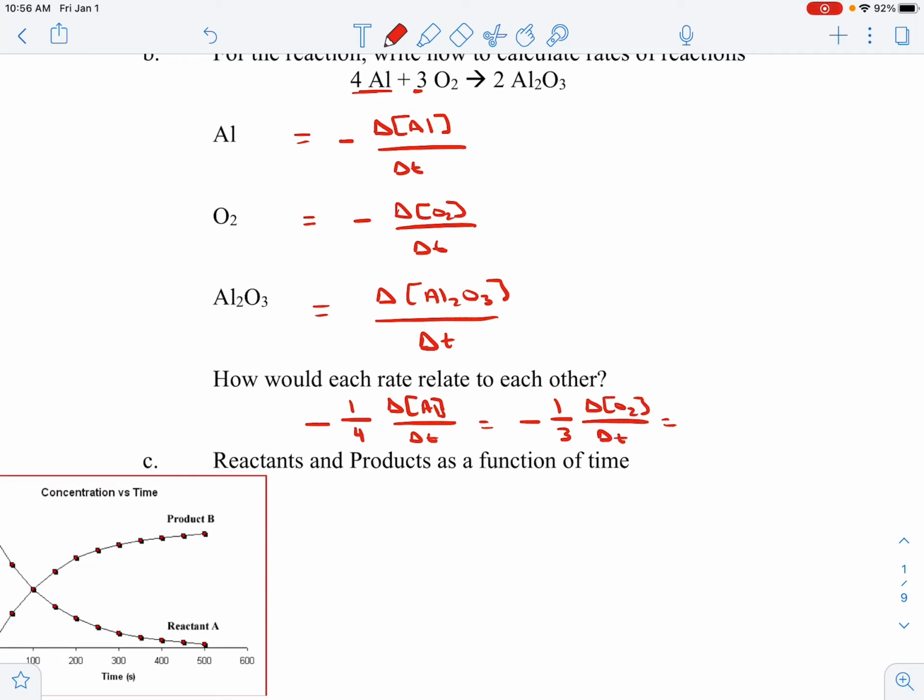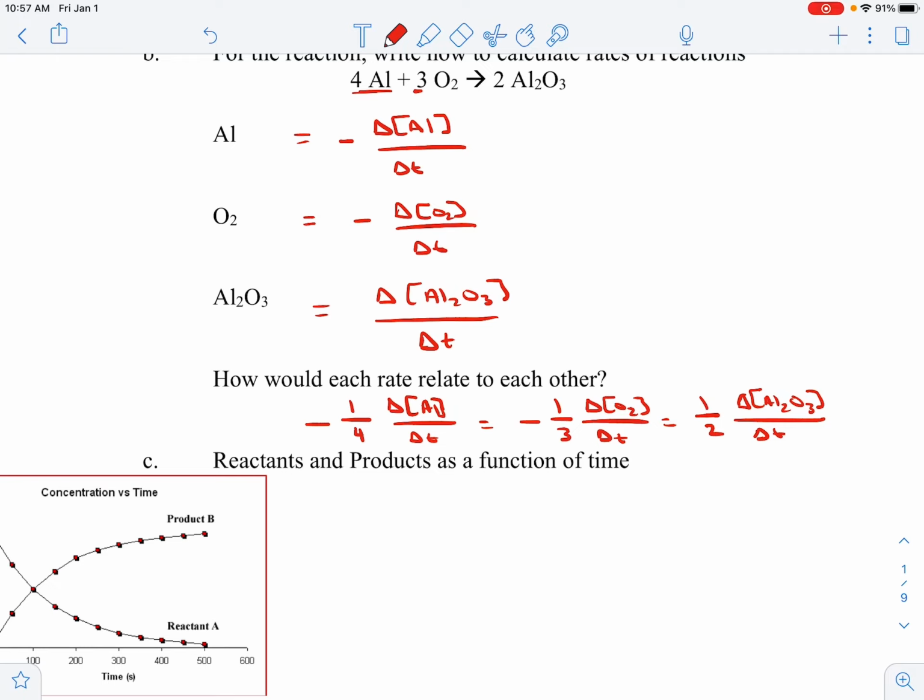And that's going to be equal to, yes, you guessed it, 1 over 2 times the change in the concentration of aluminum oxide over the change in time. And that's how they would relate together, because for every 4 aluminums I use up, I'm forming 2.